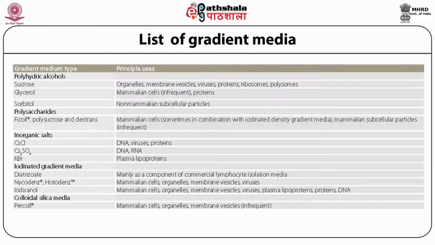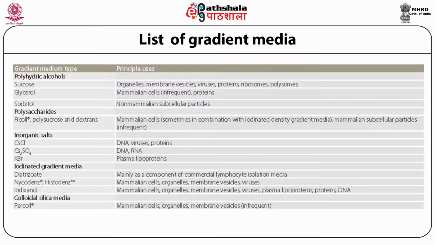Before we tell you about the properties of the different types of medium used for gradient centrifugation, you must know the criteria for the selection of the medium. There are very well defined criteria to select the medium. First, it is soluble enough to produce a series of required densities.